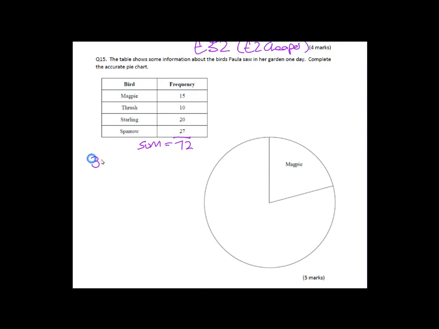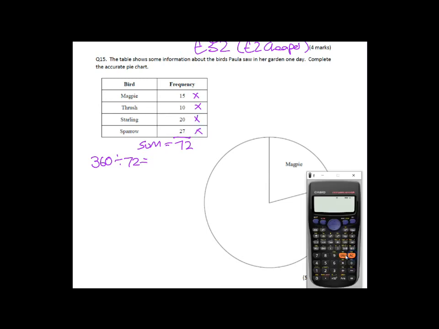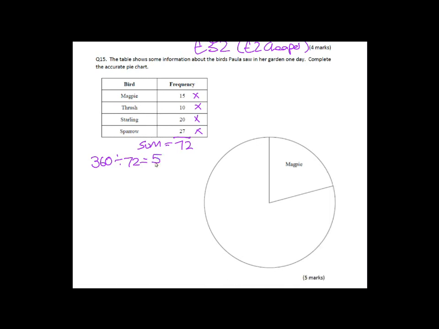In other words, 360 needs to be divided by 72 to tell us what one bird is worth. So each bird is worth 5 degrees.